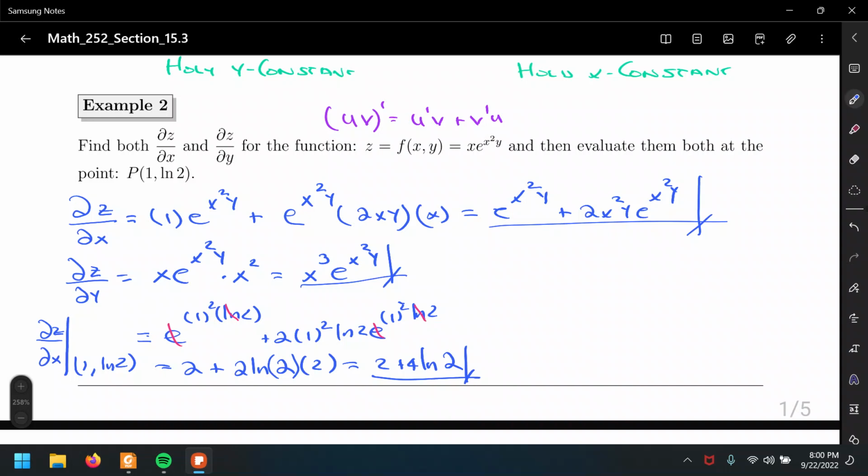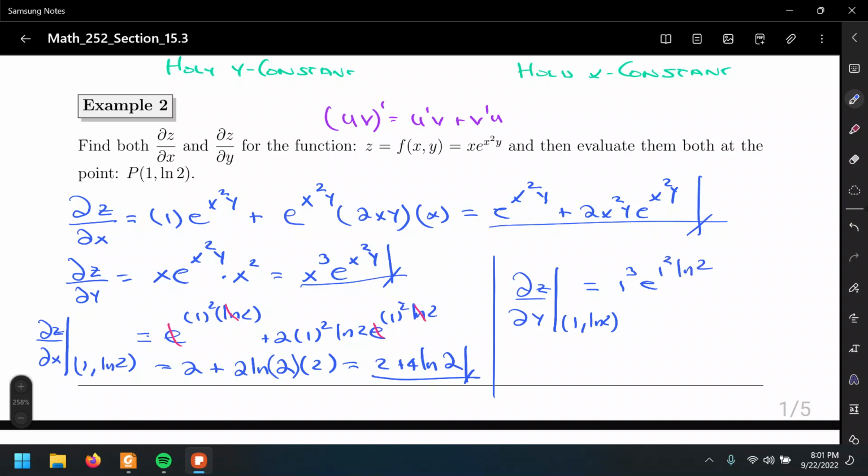And for the last one, dz over dy evaluated at the point 1 comma ln of 2, that equals, well, x, which equals 1 cubed, e to the 1 squared ln of 2.